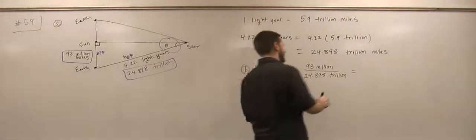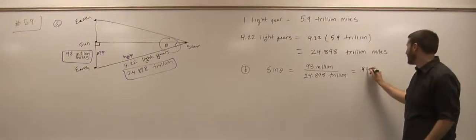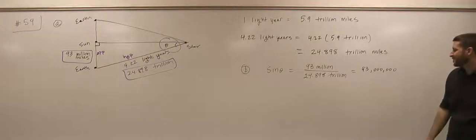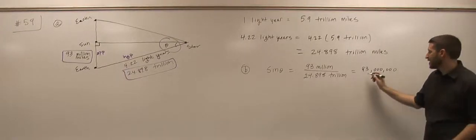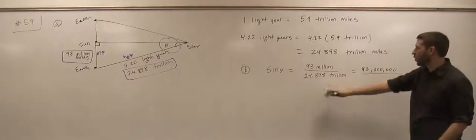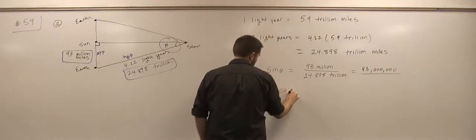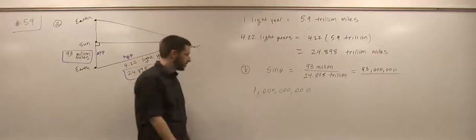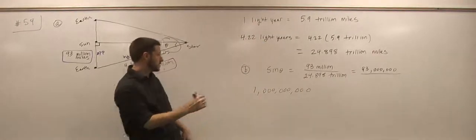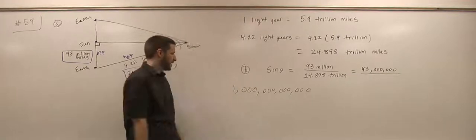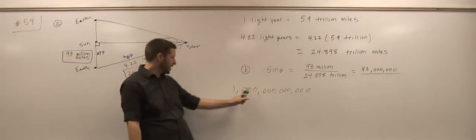All right, let's write out the zeros again. So 93 million looks like this, right? It's a million. So then, in order to get 1 trillion, this is 1 billion, and there we go. 1 million, 1 billion, 1 trillion.